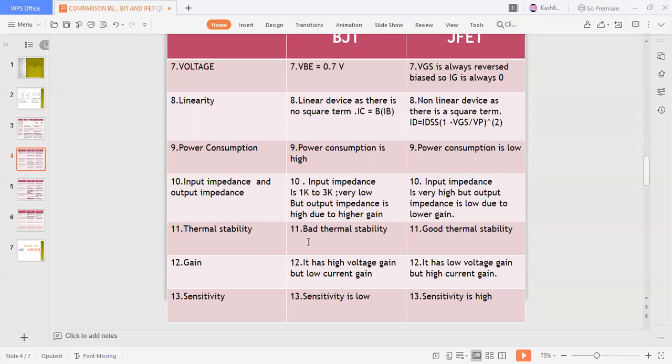In BJT, it has bad thermal stability, but JFET has good thermal stability. Gain. The BJT has high voltage gain but low current gain, but JFET has low voltage gain but high current gain. Sensitivity. The sensitivity of BJT is low, but the sensitivity of JFET is high.